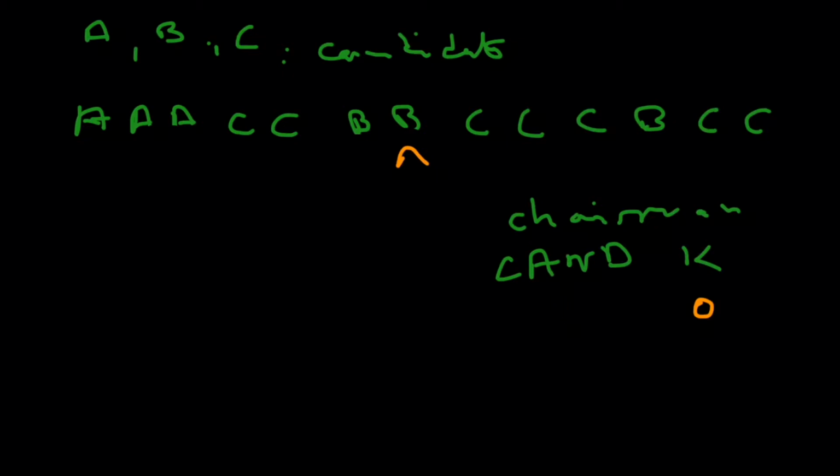So what we do is replace this with B, and since we have a candidate, we increment K. So K becomes 1, and we move again to C, and C is different than B, so we decrement K, and we don't replace the candidate yet because K wasn't 0, so we just set K to 0, and we go to the next C here, and C is different than B, and K is 0, that means we can replace candidate to be C, and we increment K.